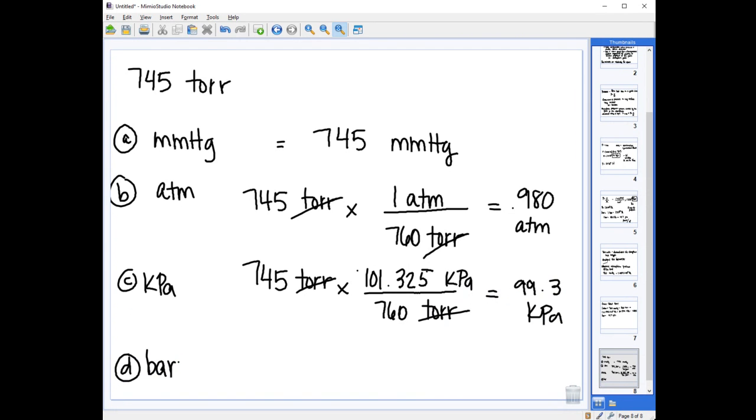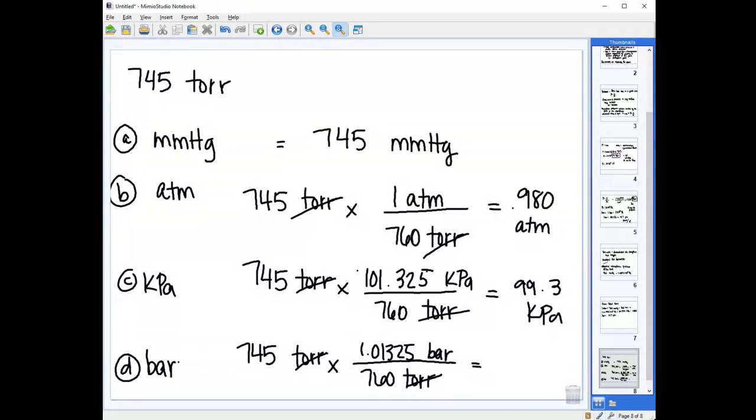And then they asked me to convert to bar. Okay. So again, I'm going to say 745 torr and 760 torr on the bottom and 1.01325 bar on the top. My torr cancels.